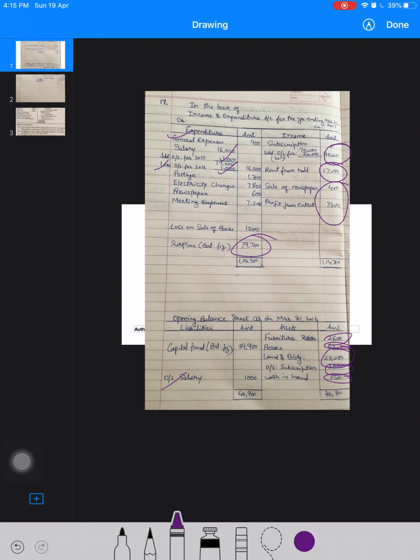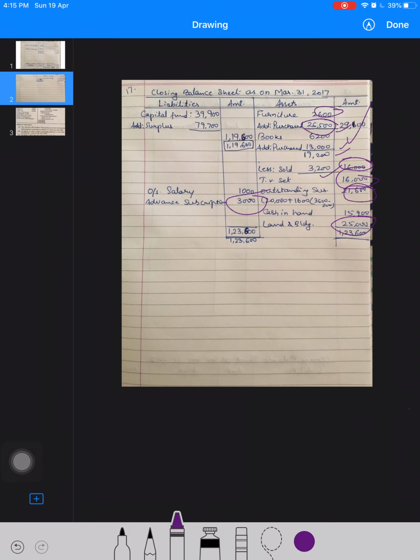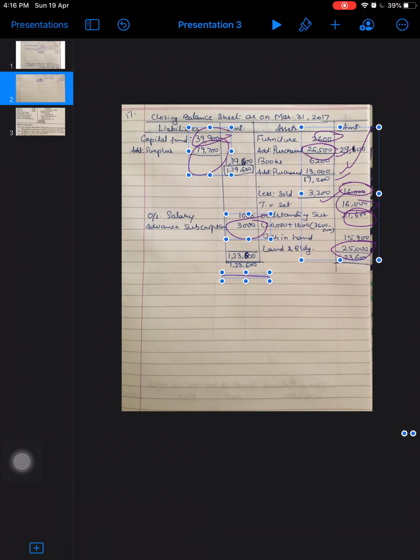Add all this, you are getting capital fund 39,900, and this capital fund you are carrying here, 39,900, add surplus 79,700, so here 1,19,600, and if you total it, you are getting 1,23,600. So this is the way you should solve it. Hope it is clear now. I will give you a similar problem, just try to solve it.